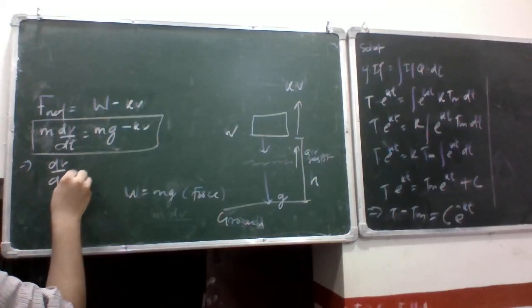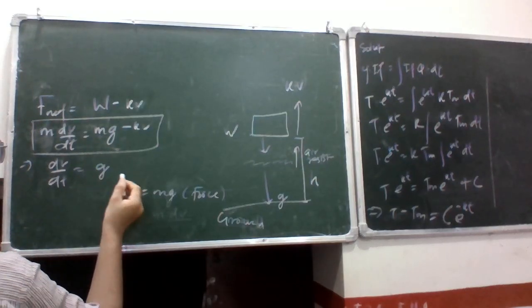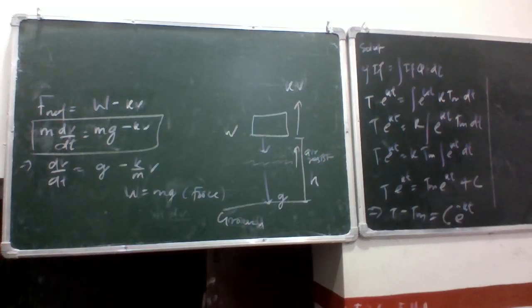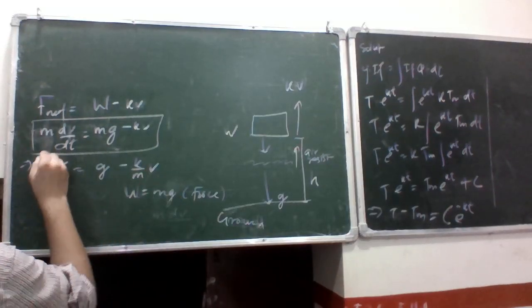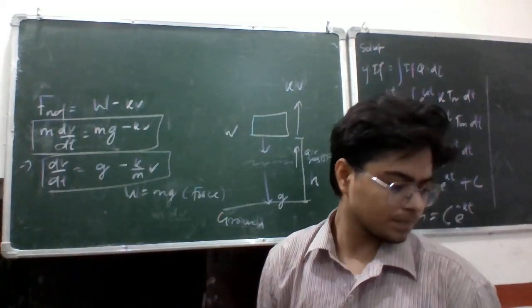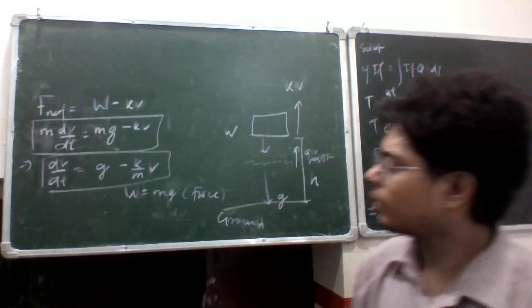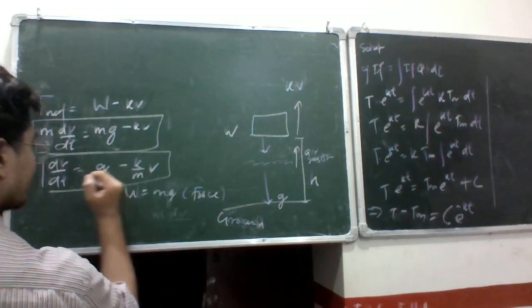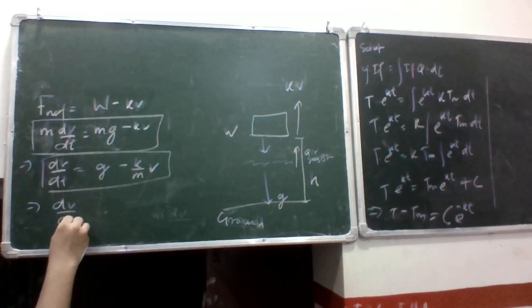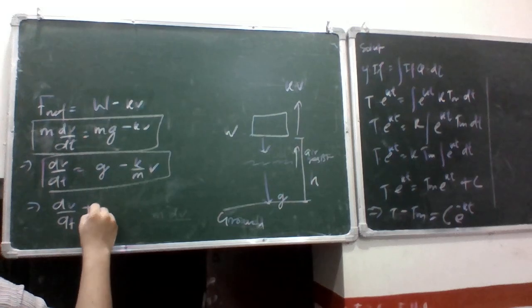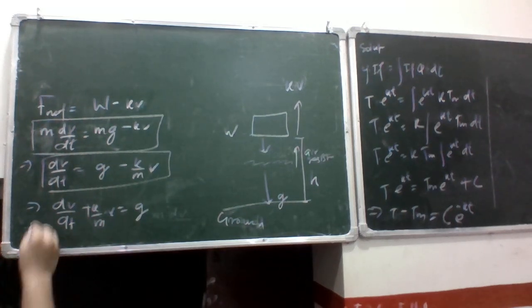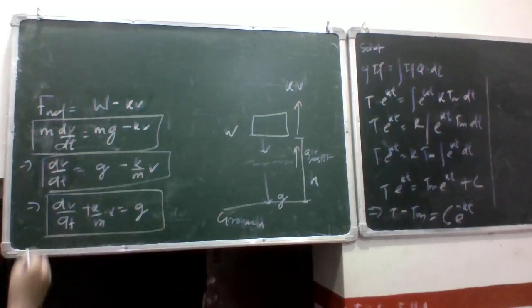We'll get dv by dt equals g minus k by m times v. This is our differential equation.